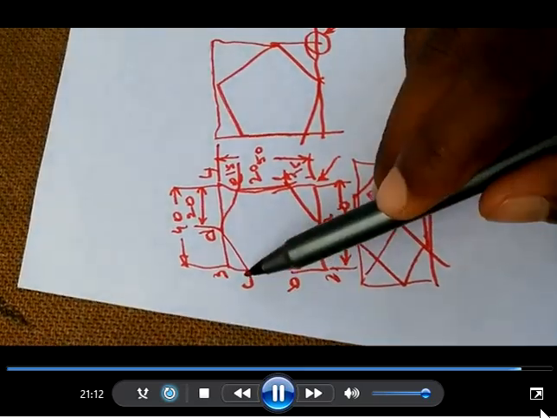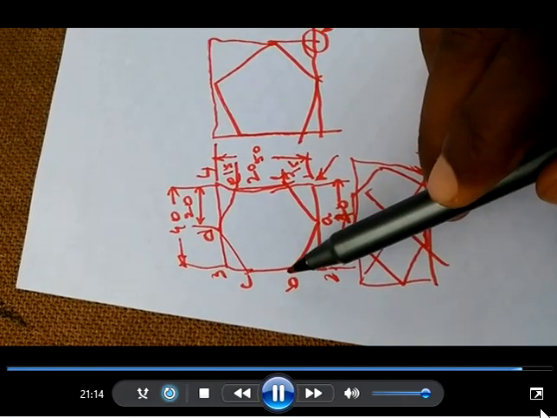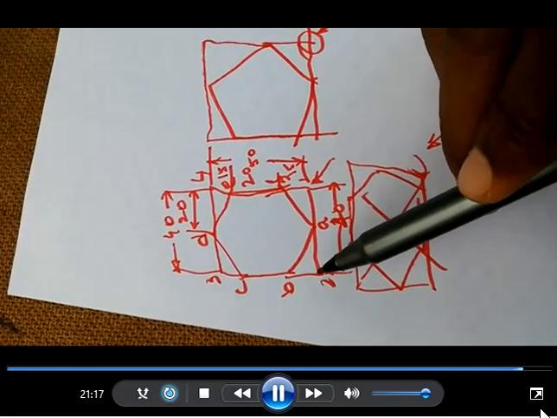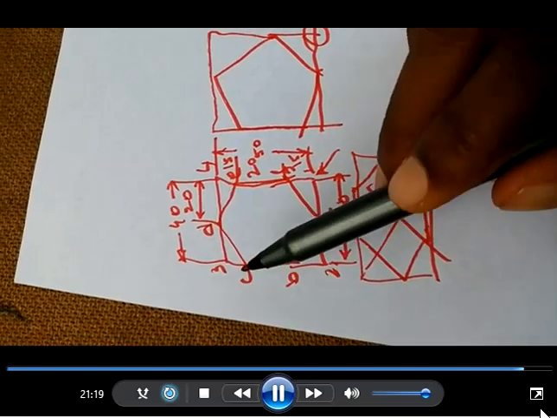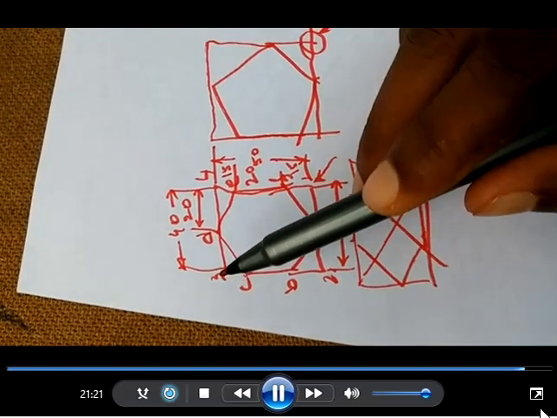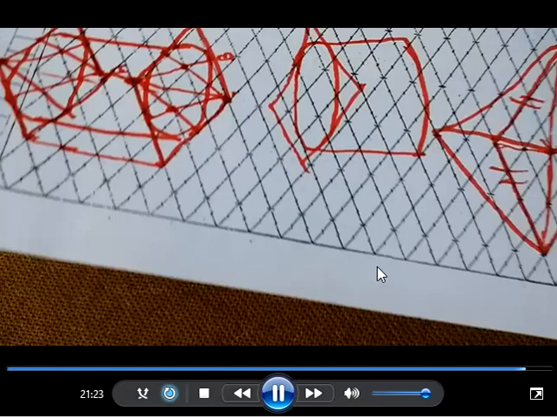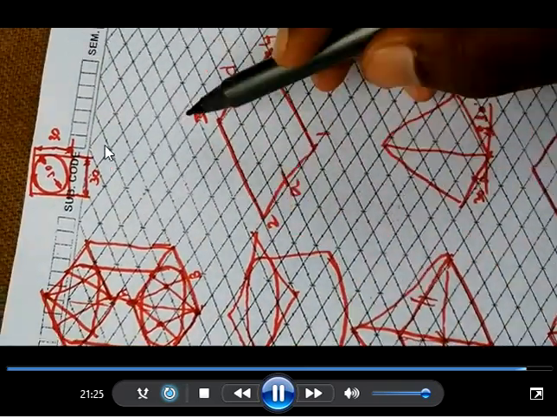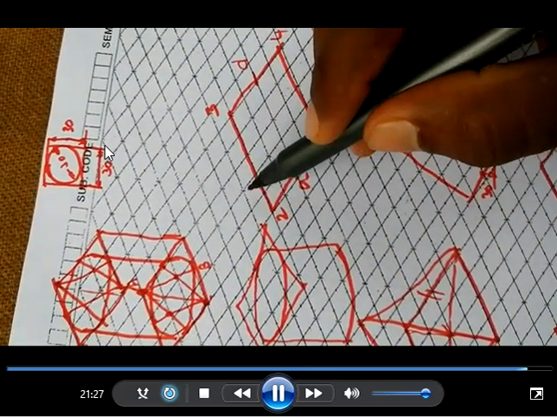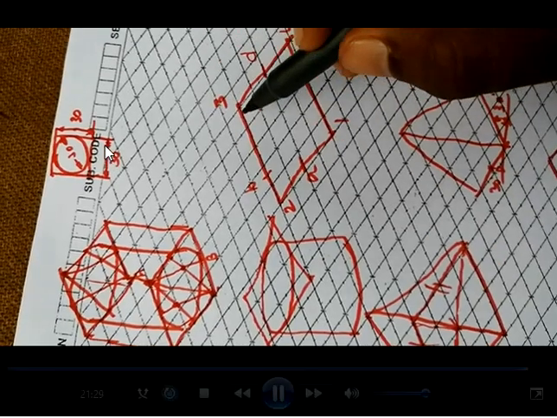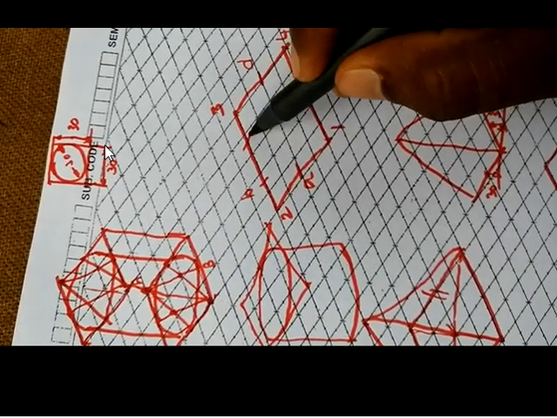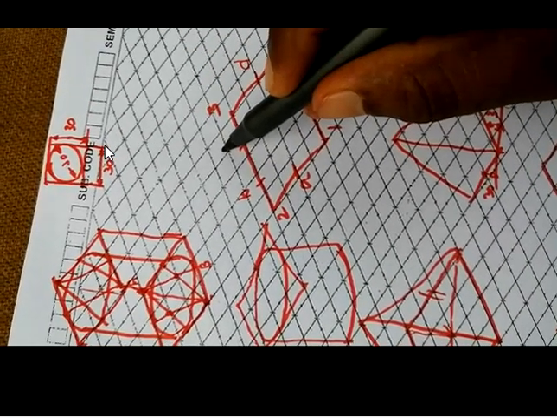We'll mark B and C. B is along the 2, 3 side at a distance of 15 from 2. C is at a distance of 15 from 3. From here at a distance of 15, point B lies. From 3 at a distance of 15, point C lies.